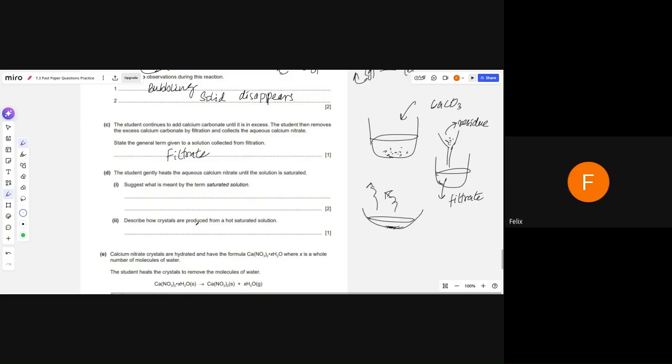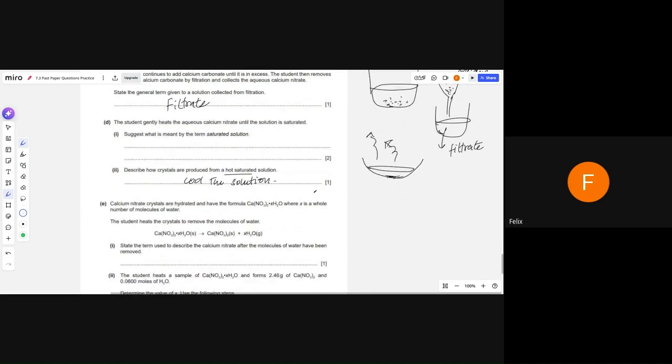So the answer will be, cool the hot saturated solution. When we allow it to cool down, the crystals will appear, and then we can wash them and leave them to dry. So we will get pure crystals.